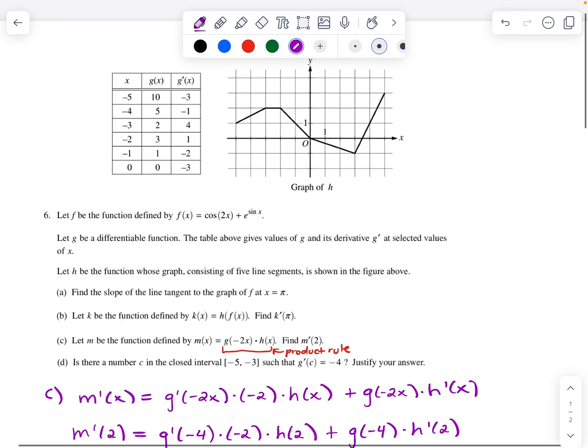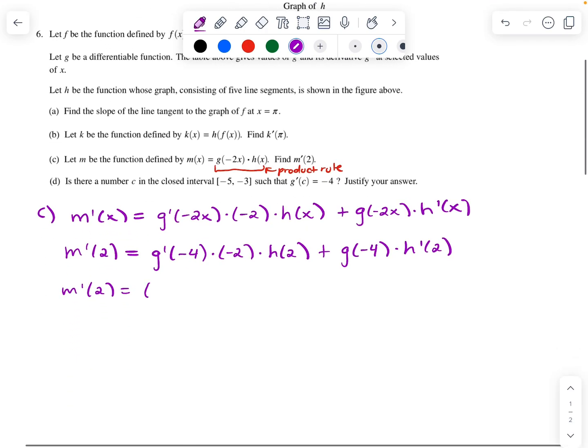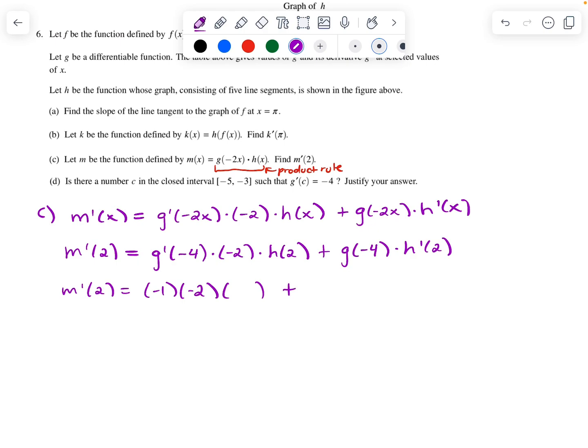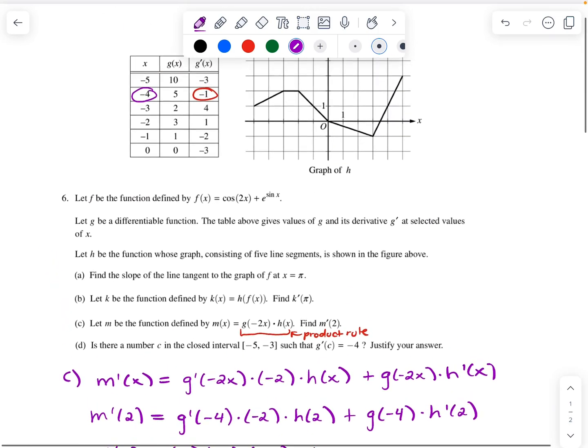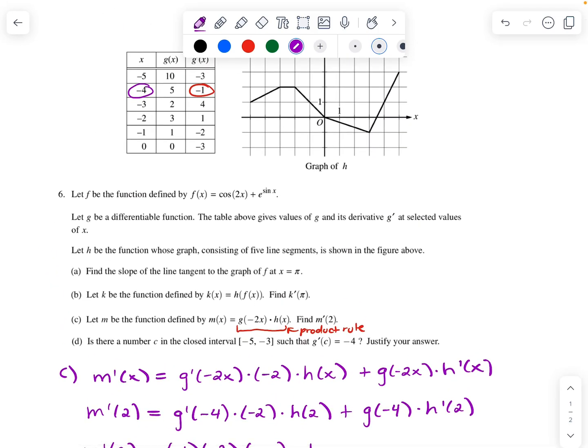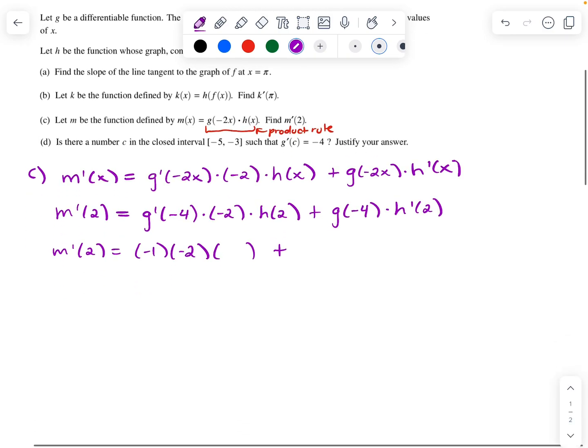Okay, so for g prime of negative 4, I go to negative 4 here, so I know that this is going to be negative 1. So this is negative 1 times negative 2 times, and I'm going to have to figure out what h of 2 is. Continuing with the table, I know that g of negative 4 is going to be 5, right? So this is plus 5, and we had already said in part C that the derivative of h at 2 is negative 1/3.